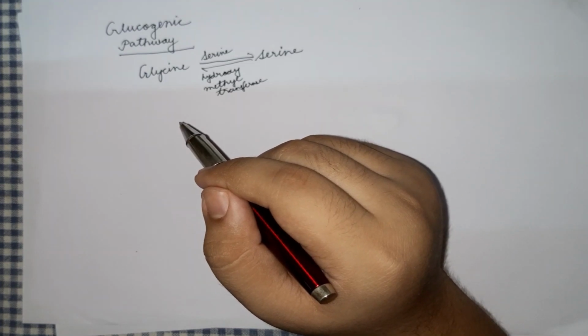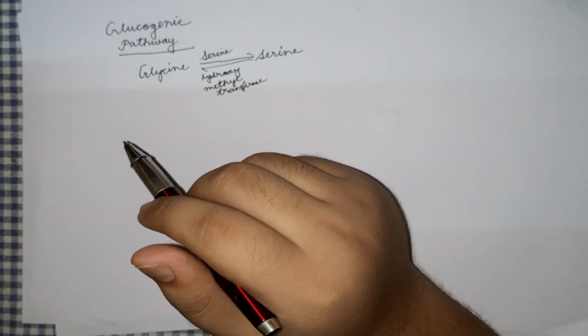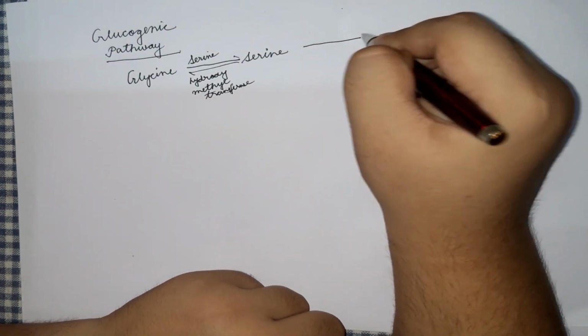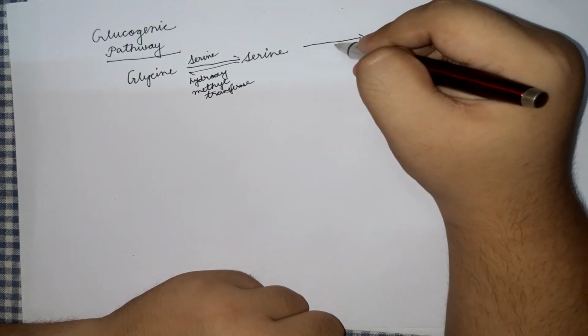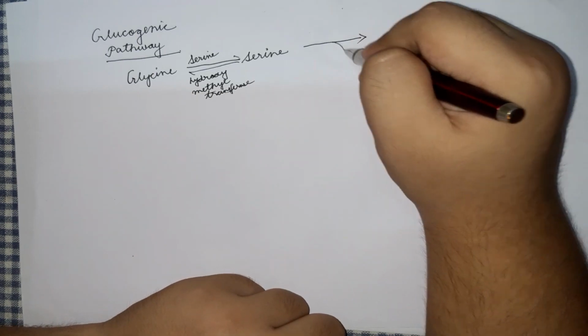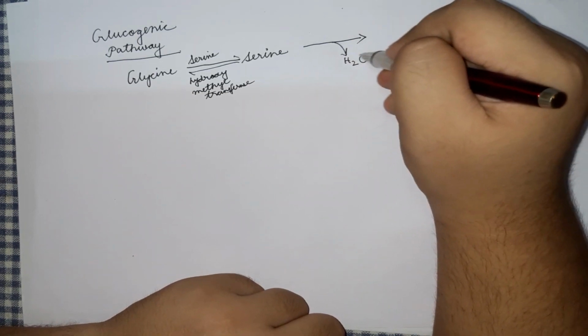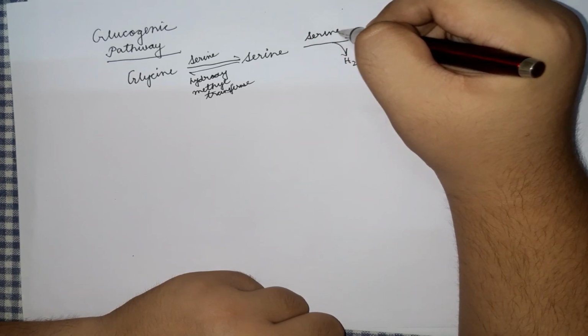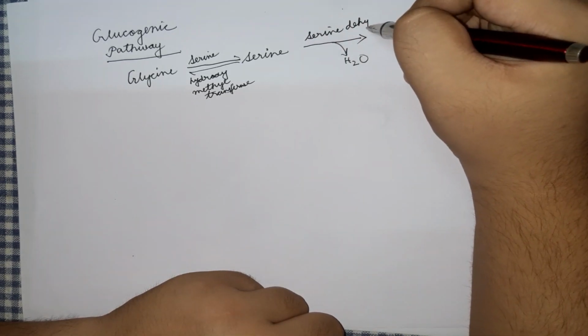So after serine has been formed, what happens? Dehydration happens. A water molecule is given out. The enzyme will be serine dehydratase, as simple as that.